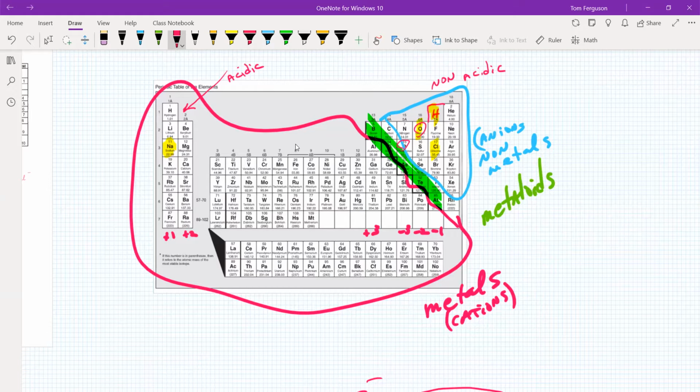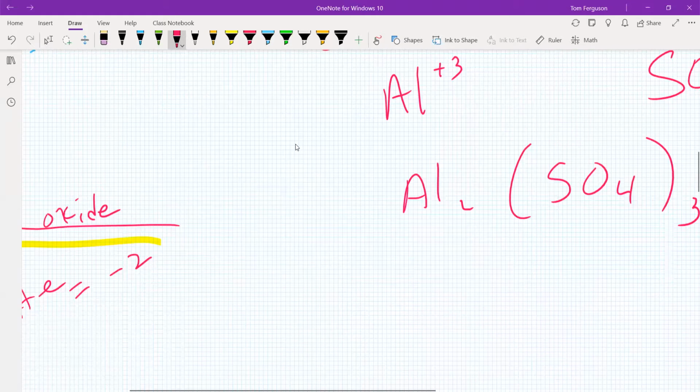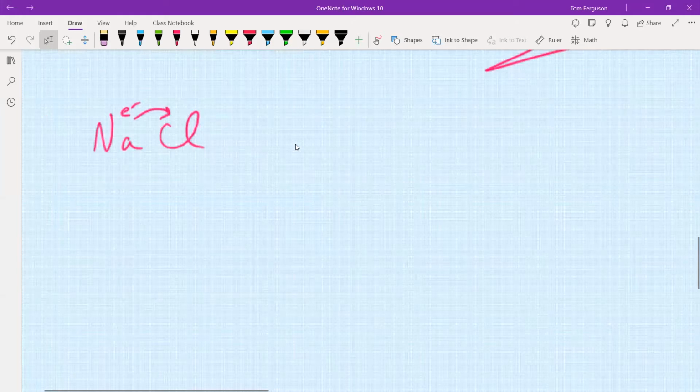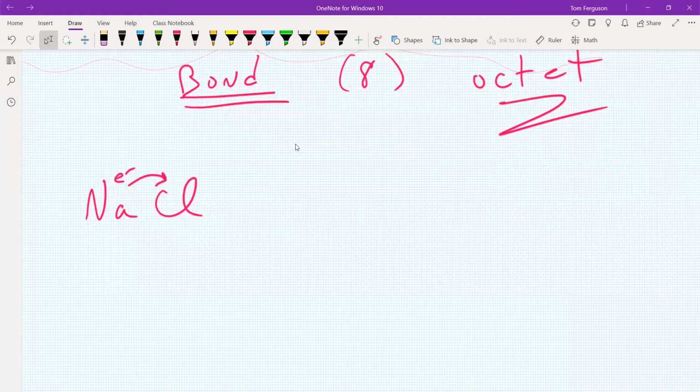Okay, if you look at sodium, how many electrons does sodium have for neutral sodium? Yeah, 11. And those are distributed in different orbitals. The outermost orbital, called a valence orbital, has 1 electron.